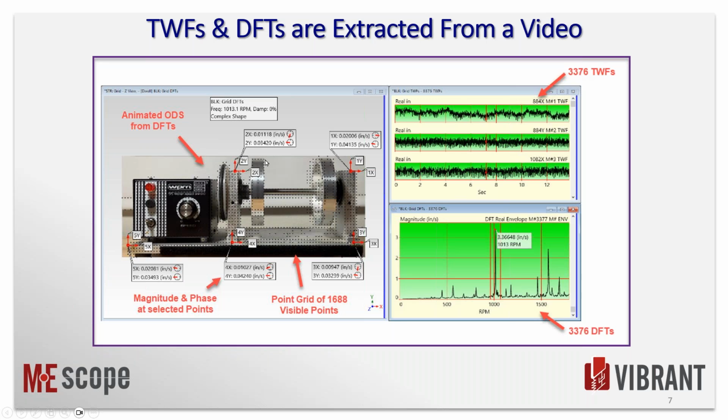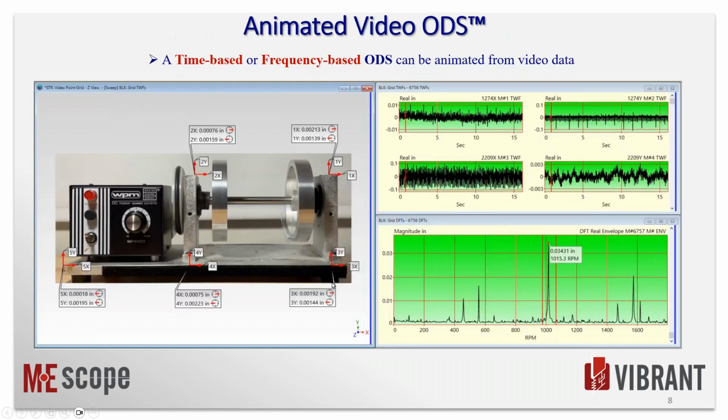But that's what this point grid is telling you, that we've got X and Y motion, vertical and horizontal, 2D motion of this test article for 1,688 points. And then likewise, we got the same number of DFTs. And the DFTs, of course, are going to show us where the resonances are, because those are going to be peaks in the data. So here's another animation.